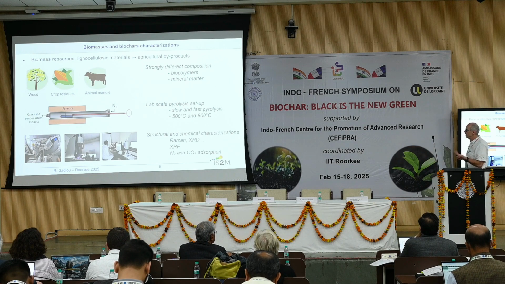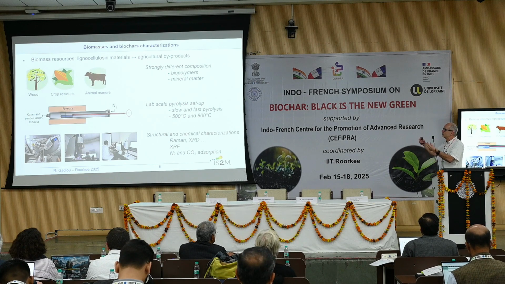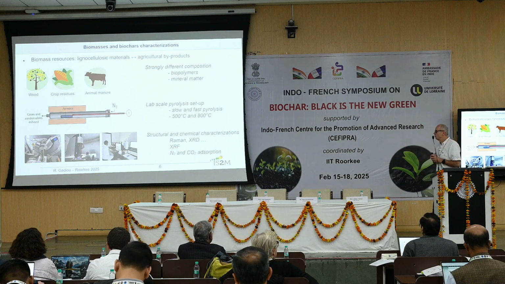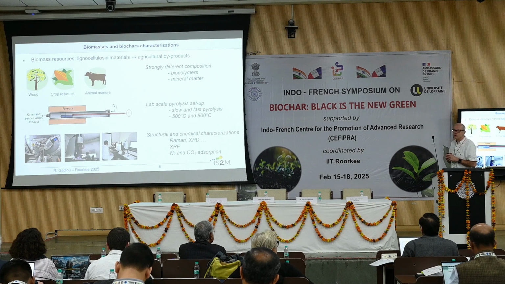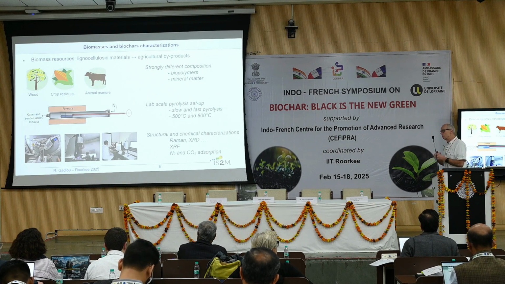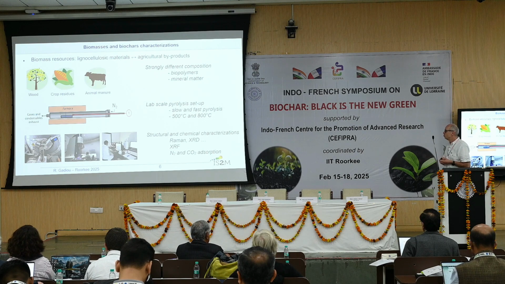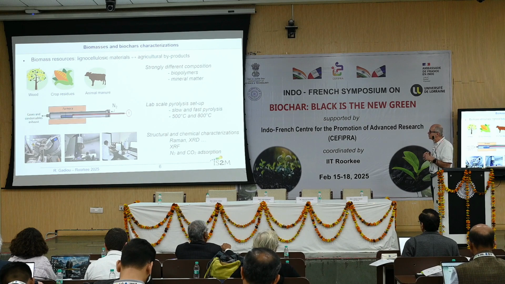The second aspect is that working on a very low scale, 1 gram, for example, 2 grams, a few grams, we avoid most of the secondary reactions between the volatile matters and the char. And this allows to have very reproducible biochar.